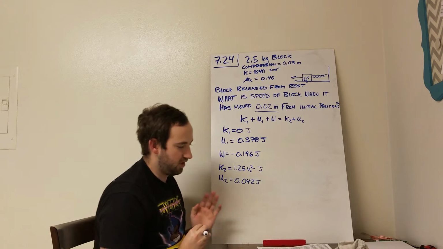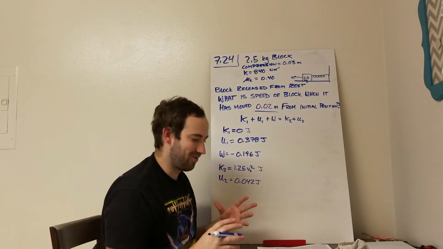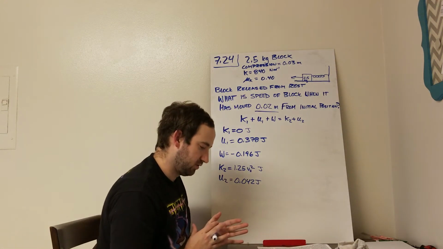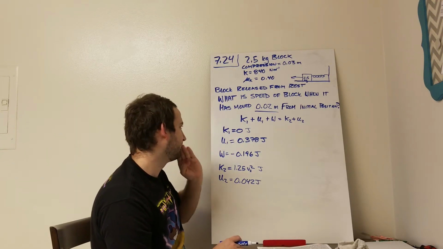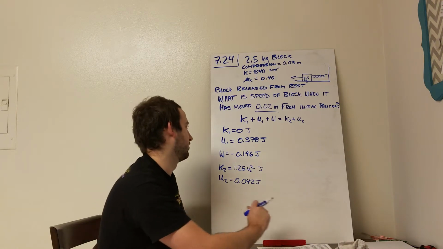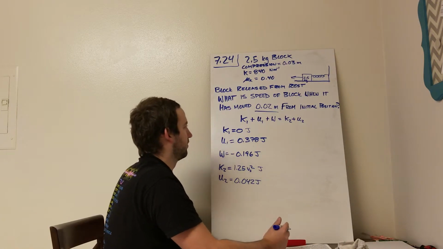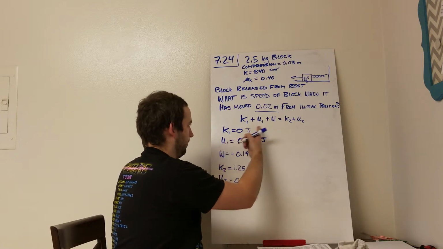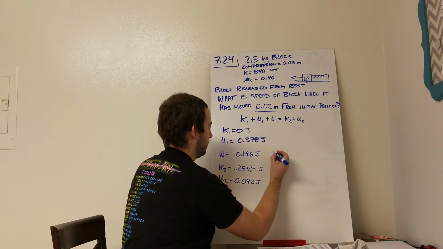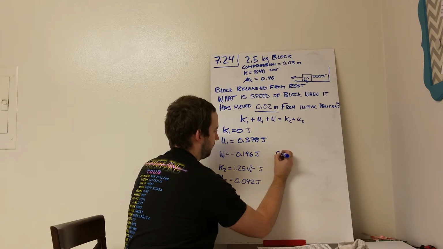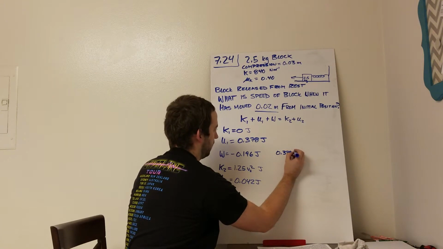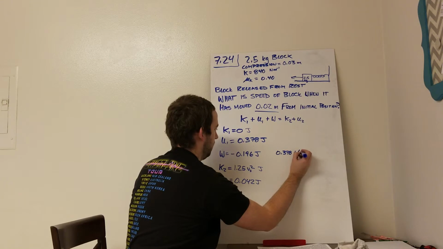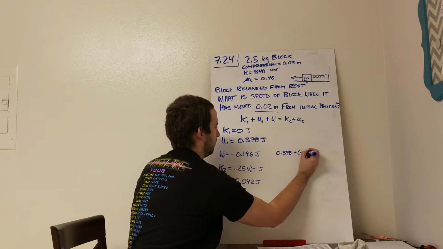All right, so now it's kind of a lot to break it all down, but now we have these values, and so we can plug these in to this same equation. So our initial kinetic energy is just 0, so we don't worry about that. The initial potential is 0.378. And then the work is negative 0.196.